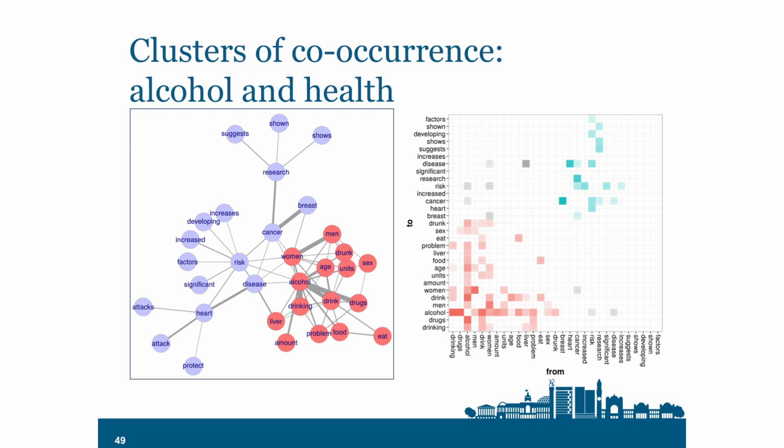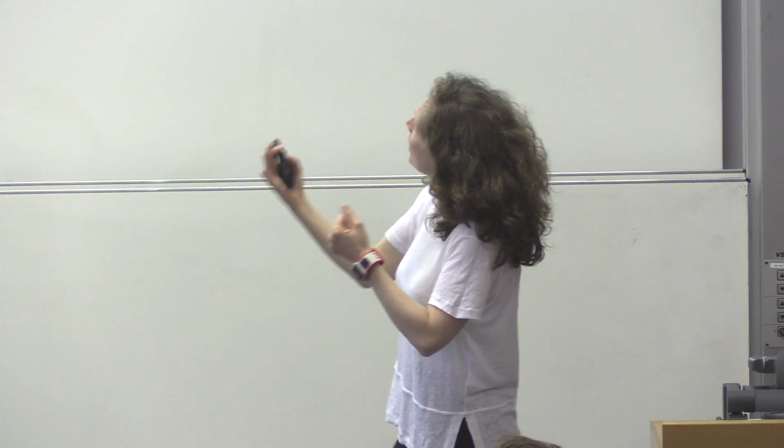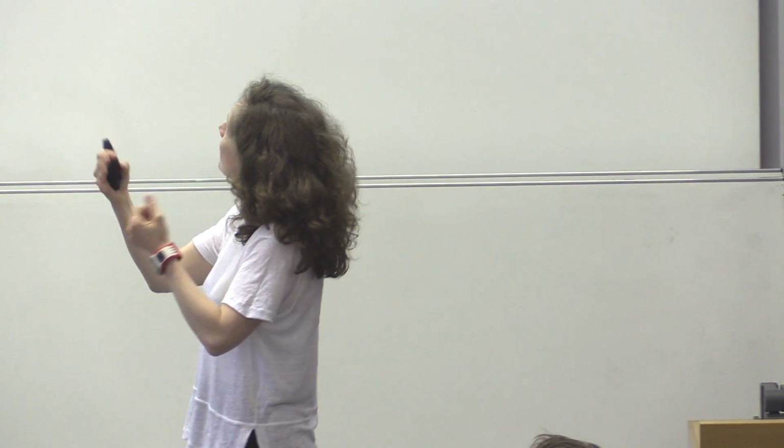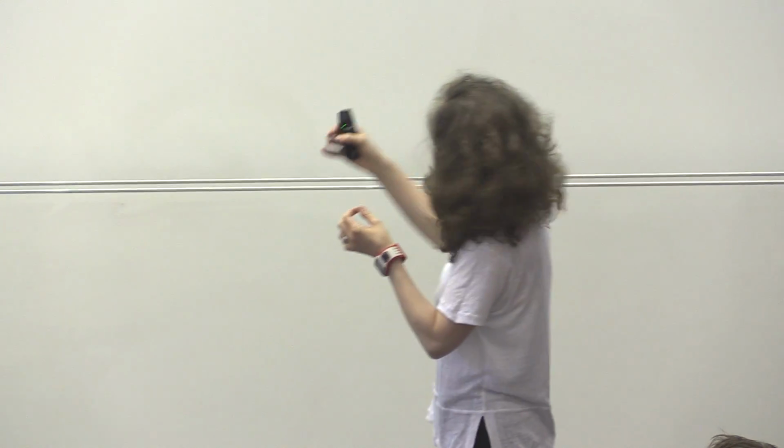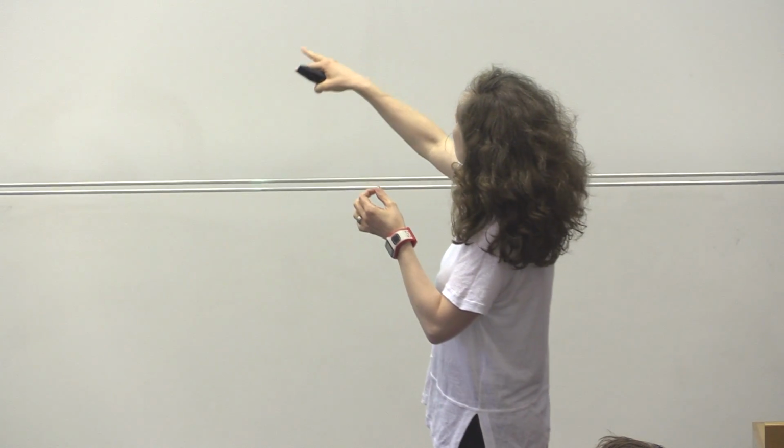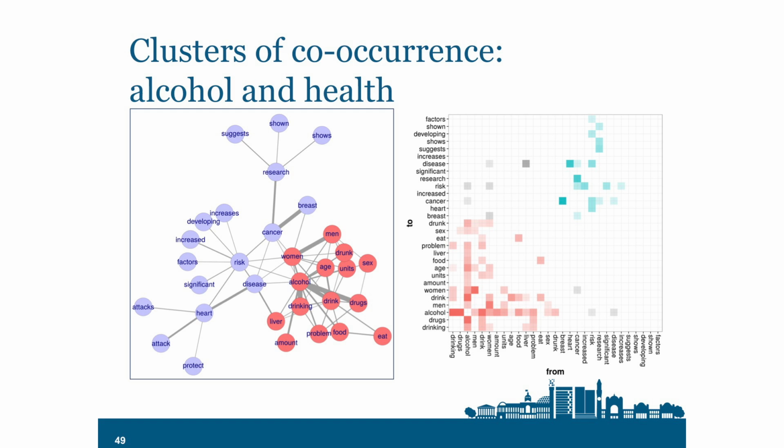I'm showing you a nice visualization of how you can look at collocations, so which are the words that various types of alcohol occur together with, so that you have things like alcohol and drinking and alcohol problem, and then you have links over to risk and disease and cancer, and all sorts of relationships that you can find in this way. And that's what we're trying to look at in the Times Digital Archive.